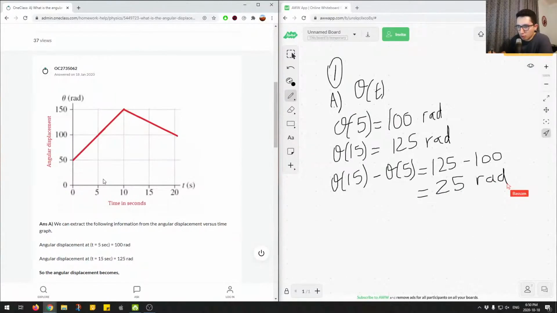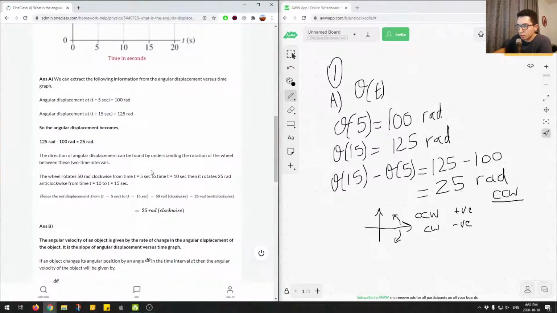To assign clockwise or counterclockwise for this, whenever you're looking at a coordinate system, you always take the counterclockwise direction as positive. So counterclockwise is positive, and clockwise is negative. That's just the standard for physics problems. Because we have a positive value, we'd say 25 radians counterclockwise, and that would be our answer for part A.